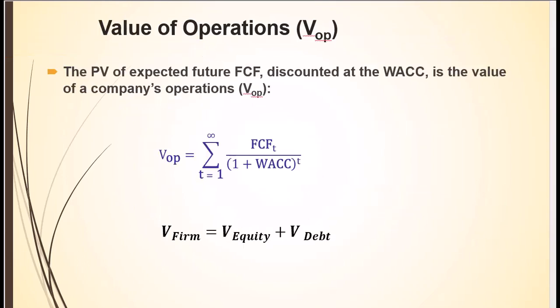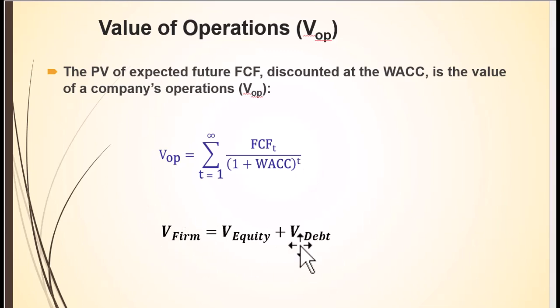So how do we utilize these concepts? To find the value of operations, the first thing we do is determine the free cash flow for a certain period of time, period by period, moving on to the future. And we find the present value of all those future cash flows using the weighted average cost of capital for the company.